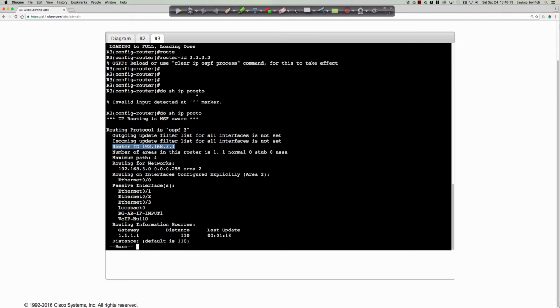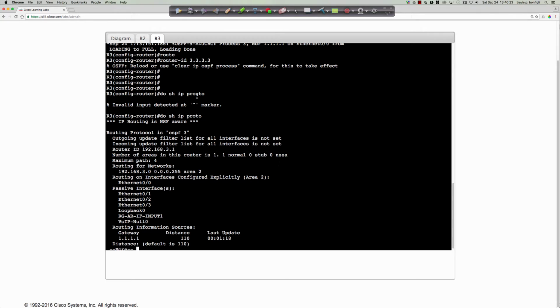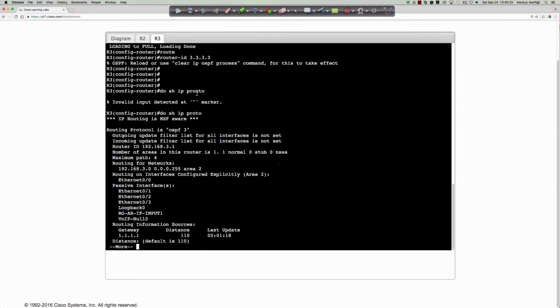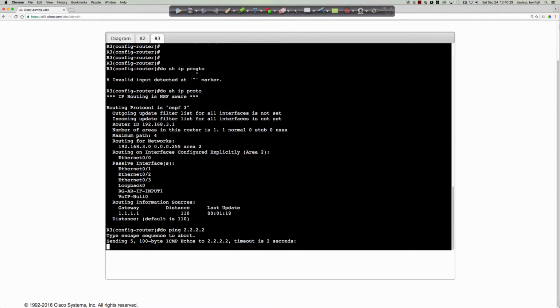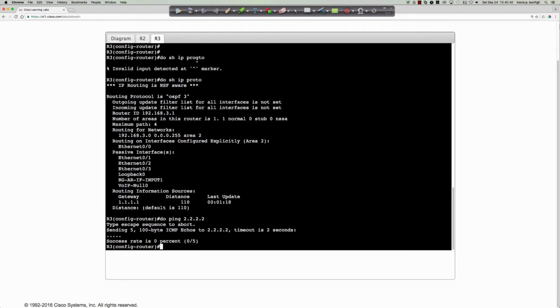In fact, to prove that, if I were to say, right now on this router, do ping 2.2.2.2, you can see I have no reachability, even though that is the router ID for router 2. Because again, it's a router ID. It is not being used as an IP address. It just shares the same format as an IP address.